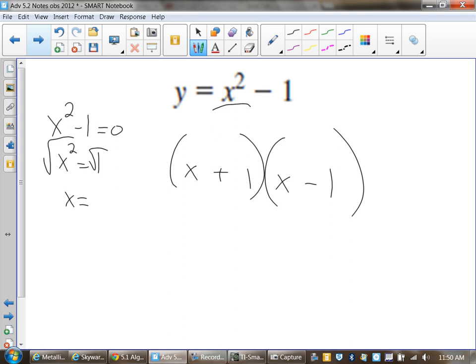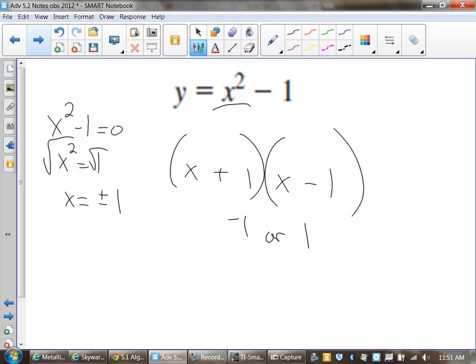Whenever you take a square root over an equal sign, you have to do plus or minus. I'm just saying this is why this works. So the square root of x squared is x, the square root of 1 is plus or minus 1. So my zeros here are negative 1 or positive 1. When you have what's called a difference of squares, that's how it works. I'll show you another example here in a second.